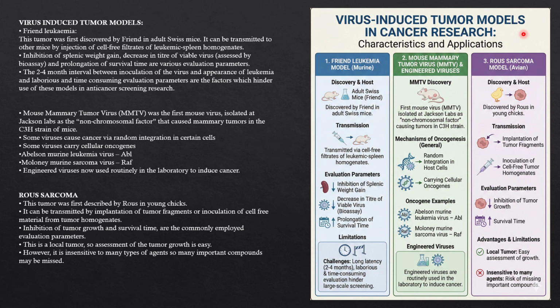These models help us in understanding viral oncogenesis, including mechanisms like insertional mutagenesis and the activation of cellular oncogenes. For example, MMTV can integrate into the host DNA and activate oncogenes like ABL or RAF, leading to tumor formation. These systems have been critical in discovering fundamental cancer-related genes.